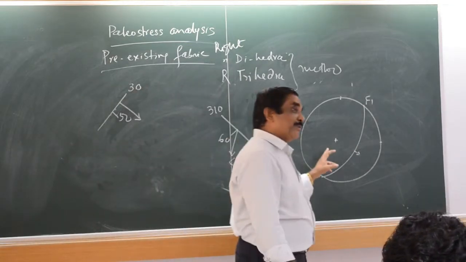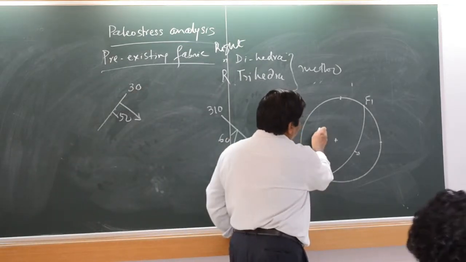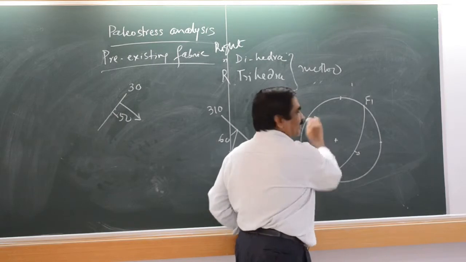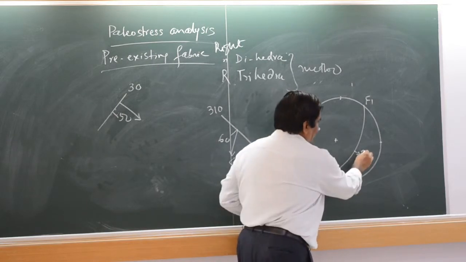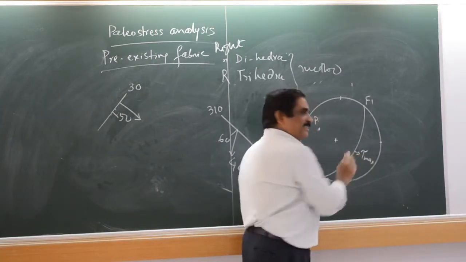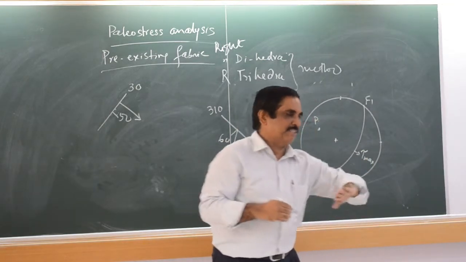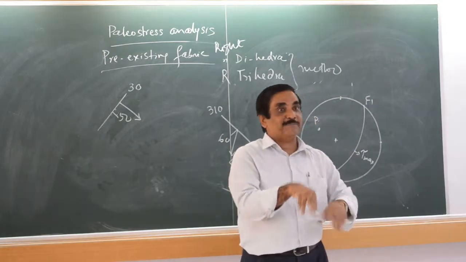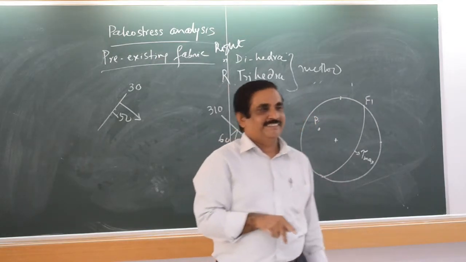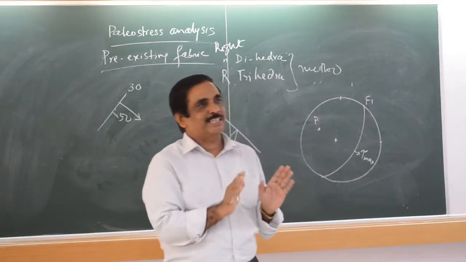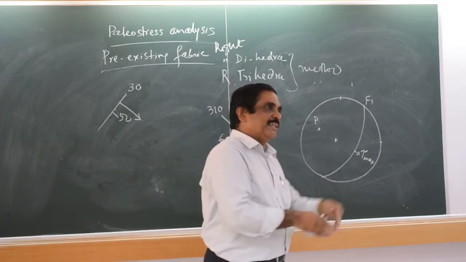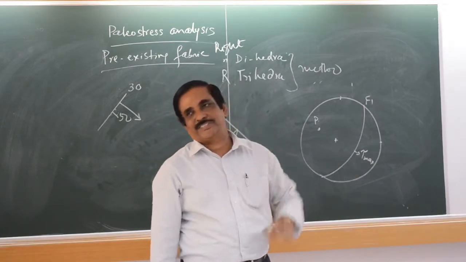So earlier what you were doing, you were plotting the pole, fine. This is the pole, this is the P max, na? Now whether fabric is this way, this way, or this way, no problem, but slip will take place along maximum shear. That is the fundamental. The slip will take place on that plane along that direction where maximum resolved shear stress was.